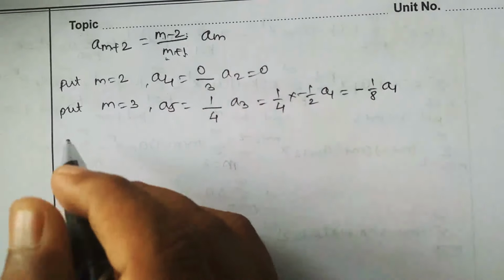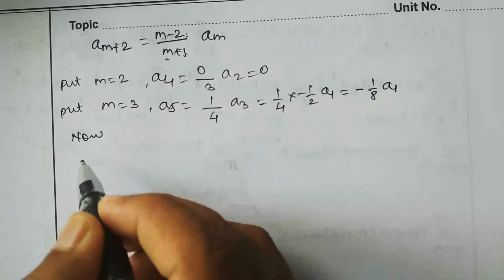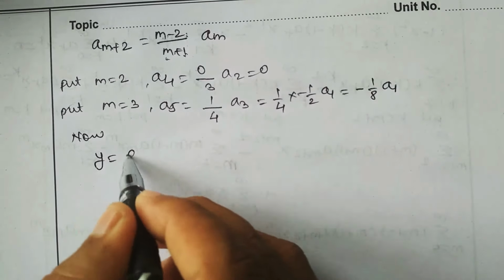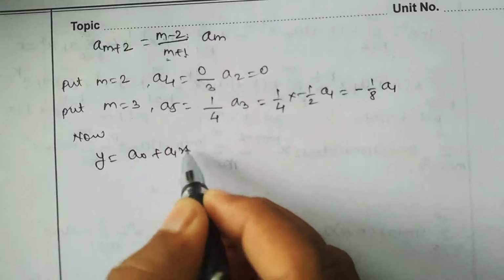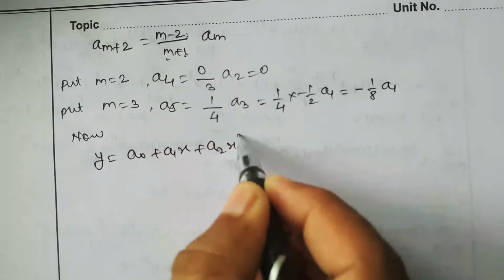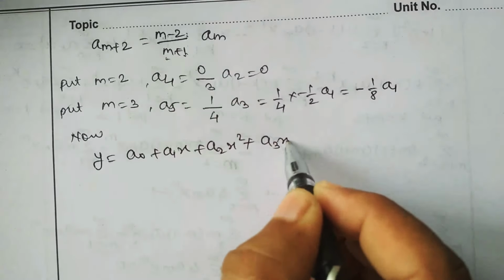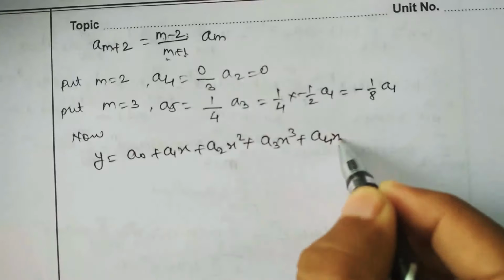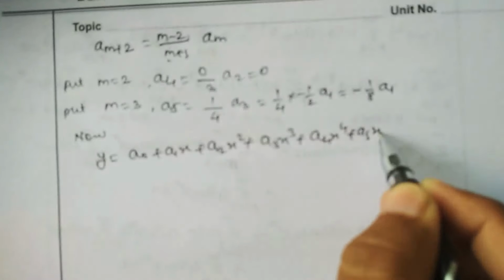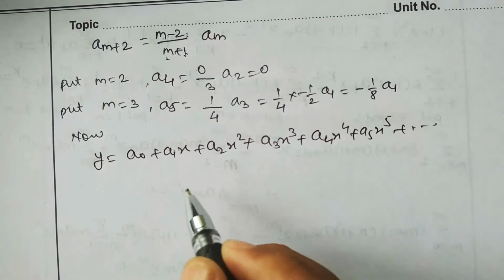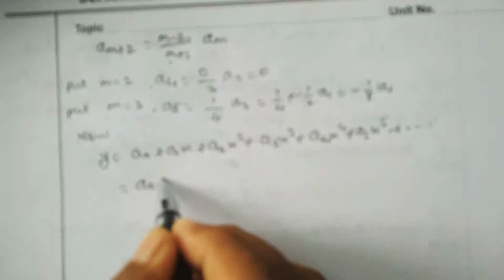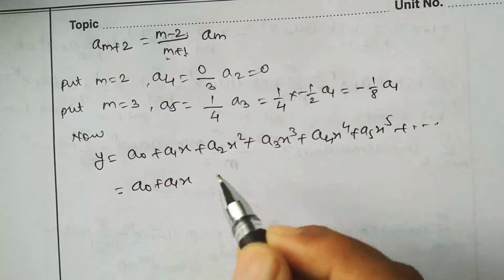Therefore our solution y is equal to a0 plus a1x plus a2x square plus a3x cube plus a4x to the 4 plus a5x to the 5 plus dot dot dot. After putting the values of a2, a3, a4, a5, it becomes a0 as it is, a1x as it is.